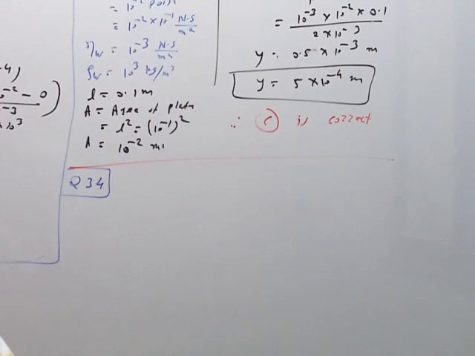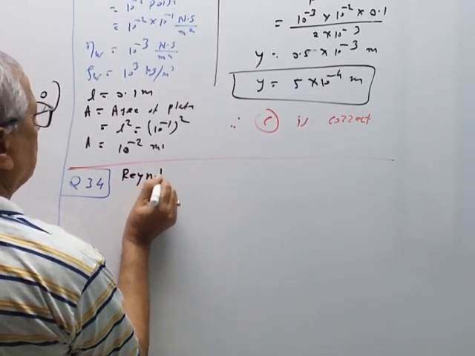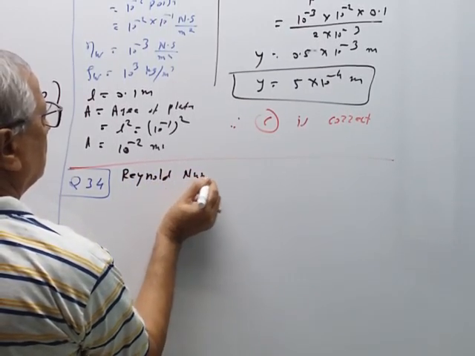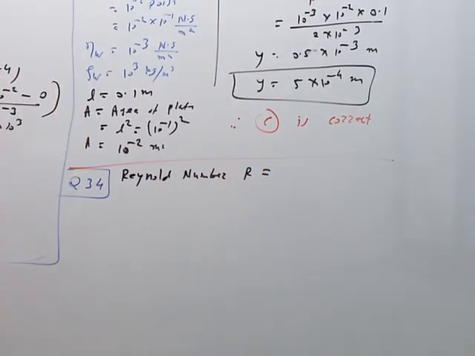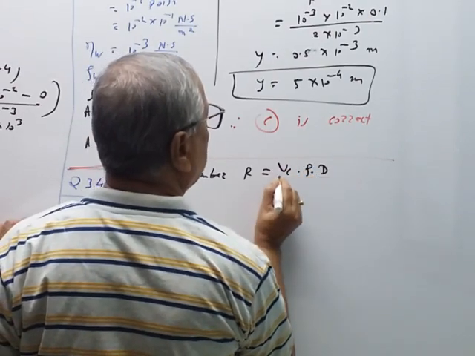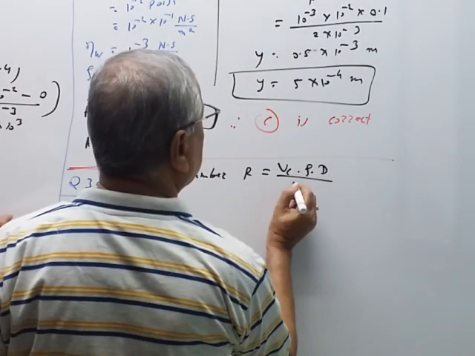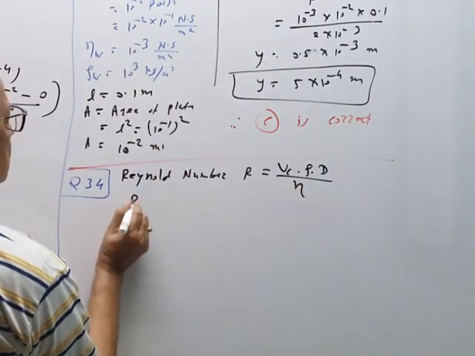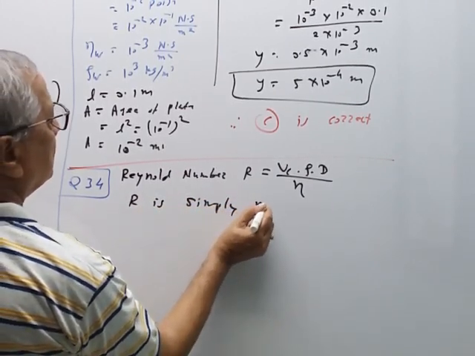The dimensional formula for the Reynolds number is: Reynolds number R is given by Vc, the critical velocity, into rho into diameter d, upon eta. So R is simply a number.